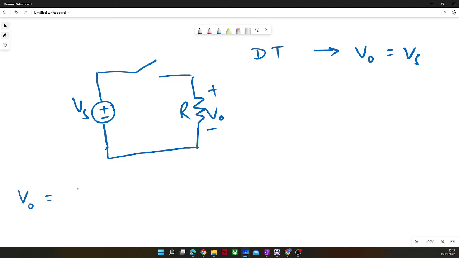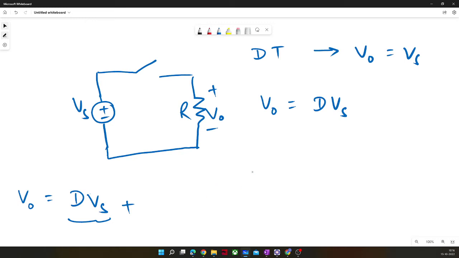First of all, any Fourier series will have some particular DC value, and that will be V naught DC, which will be dVs, right? Because when it is closed for d period, it will be dVs. So this is the DC term for this kind of circuit. But some AC component will also be there.